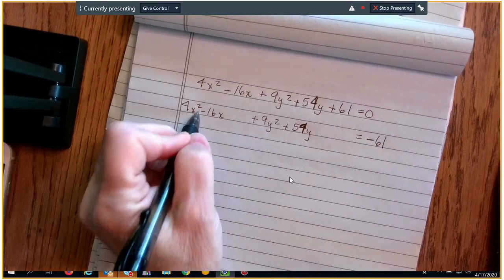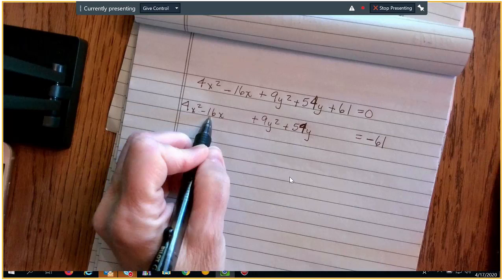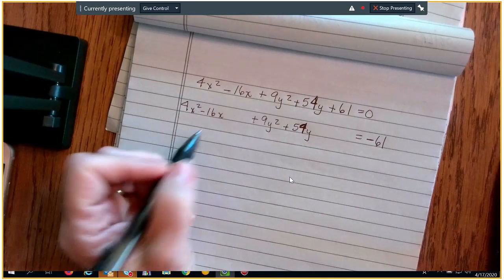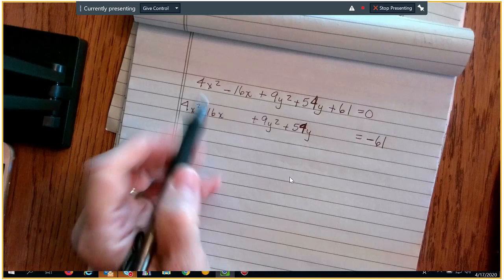So to complete the square, we take half of our x term here, and then we square it.